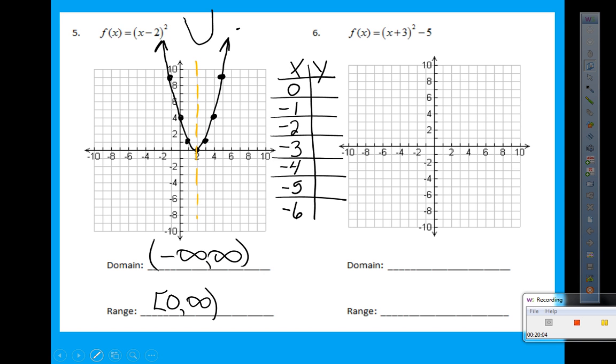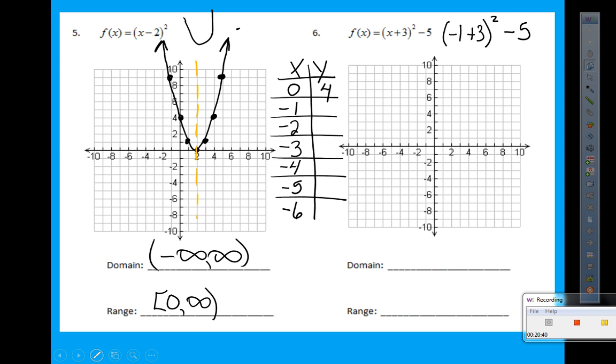Now, if you're going to use your calculator this time, and it's a parabola, just type in what you'll see. You'll go parenthesis, 0 plus 3, close your parenthesis, squared, minus 5 equal. And if you do that correctly, guys, you should get 4. If you're using a negative 1, you'll go parenthesis, negative 1 plus 3, close your parenthesis, squared, minus 5.